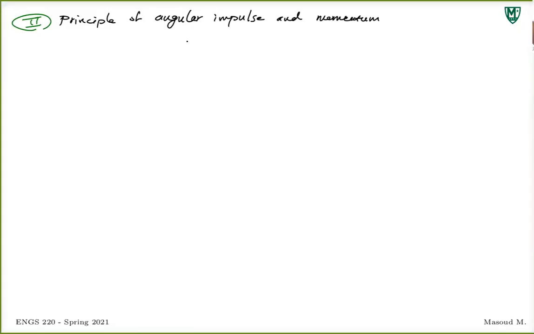We start from Newton's second law. Same story: there's one thing we are sure we can use, and that is Newton's second law. Similar to what we did for the principle of linear impulse and momentum, we start with Newton's second law and from there derive the relationship for this principle. So the summation of forces is equal to ma.